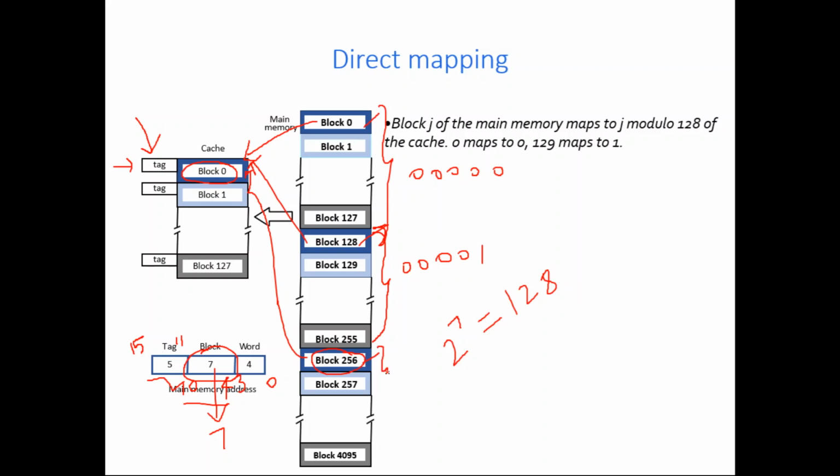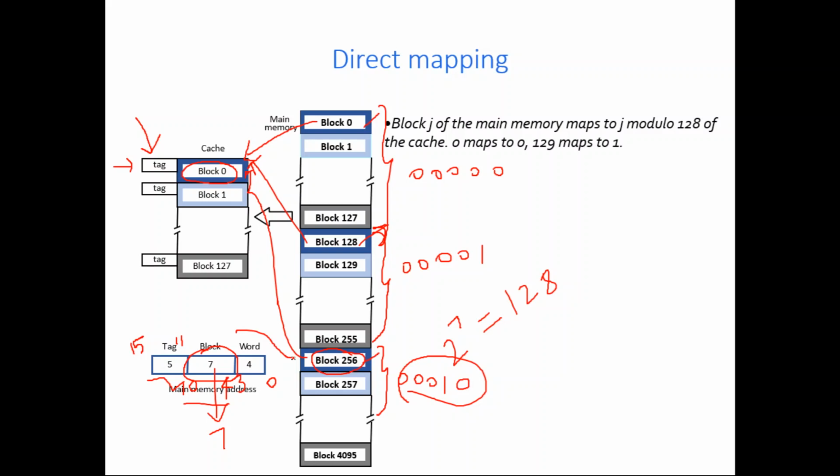For the third set of 128 blocks, the tag bit will be 00010. If the tag bit is 00010 and the block is mapping to block 0, then it means that it is referring to block 256.